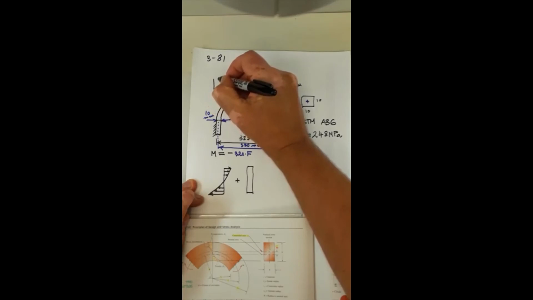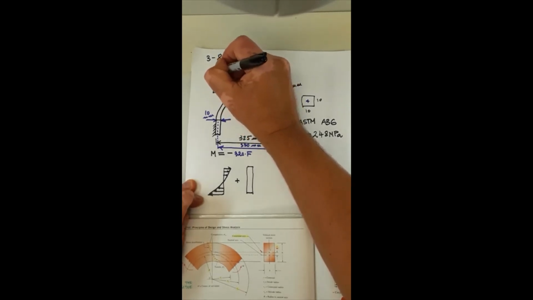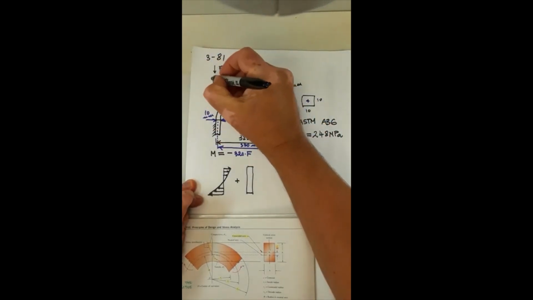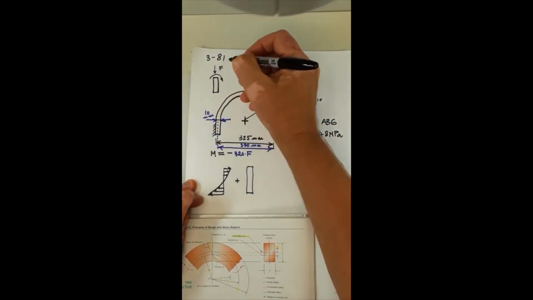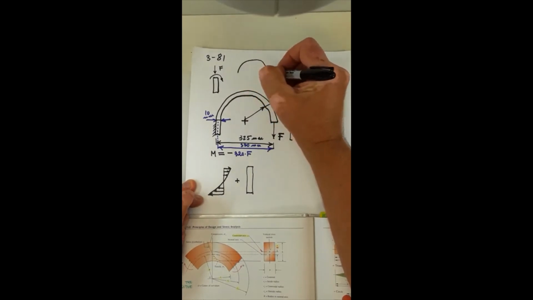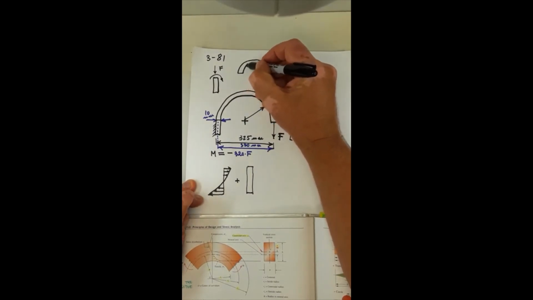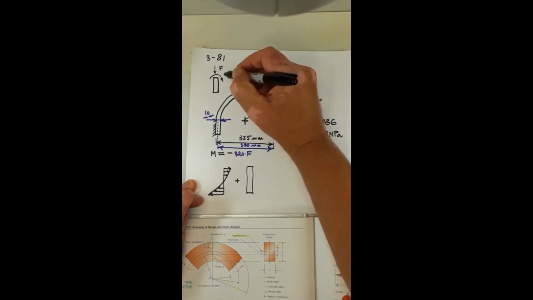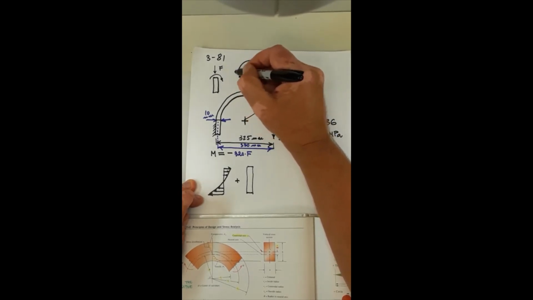So, free body diagram: this is assumed to be the beginning of the curvature of the beam. I have a down force F, and I have a moment that goes this way. The pair image, not at scale and not aligned, would be a compressive force, and I have this moment.